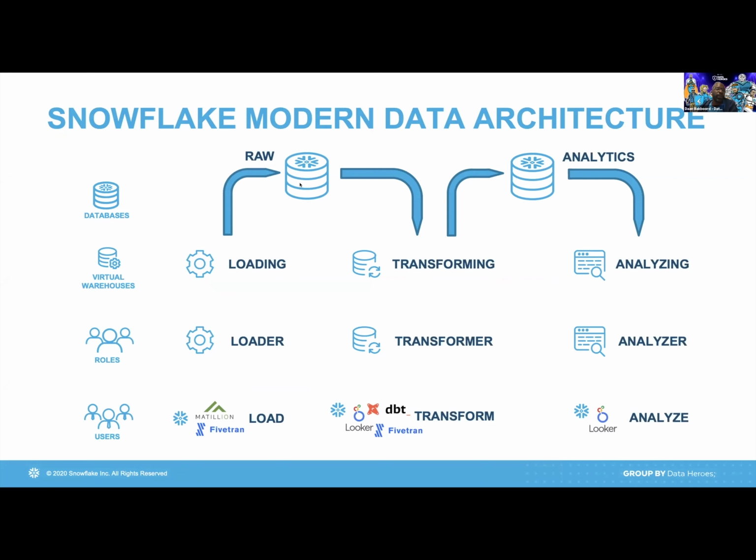Make schemas per different source system, so you can give security based on different roles, different users. Make virtual warehouses for each stage in this data pipeline, make different roles for these different stages in the pipeline, and use different tools for these stages in the pipeline.